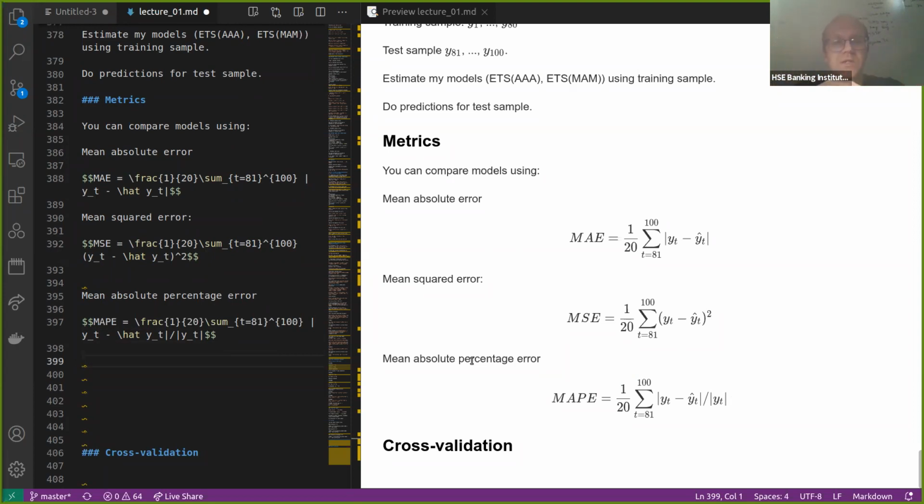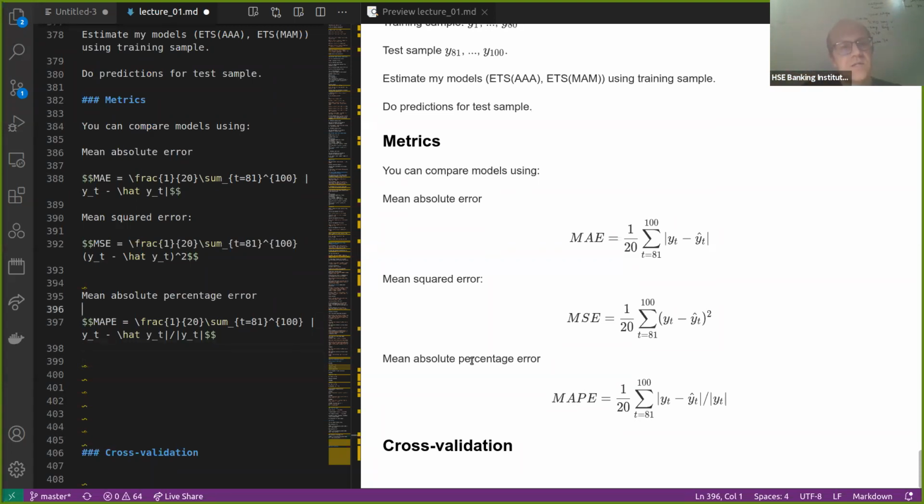But it's very good because you don't care about units. You may go from measuring in rubles to hundreds of rubles or millions of rubles. It is not influenced by scale. But the problem is that it's very sensitive to a 0 value of y.